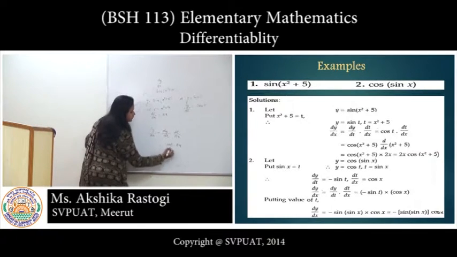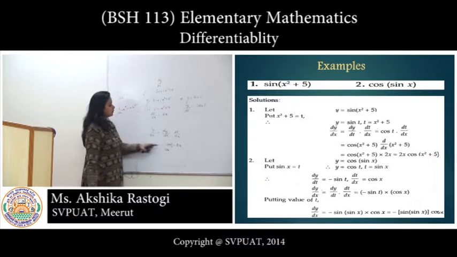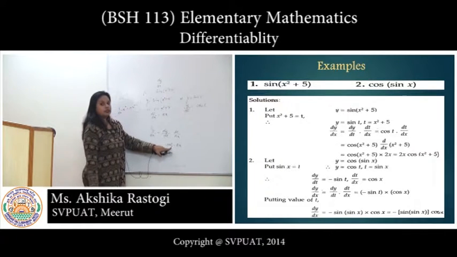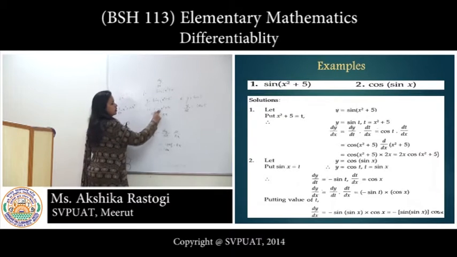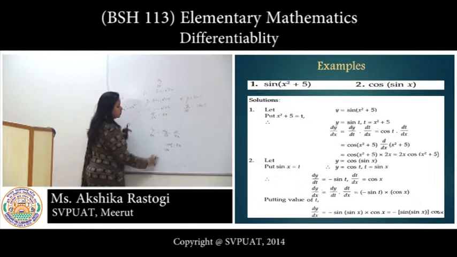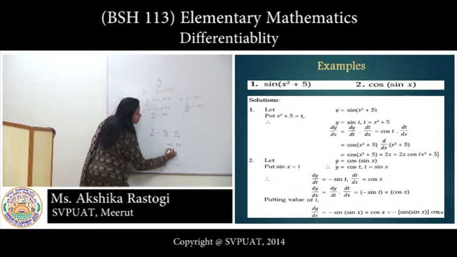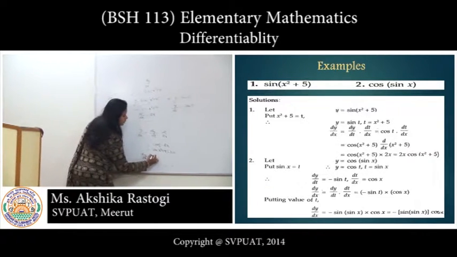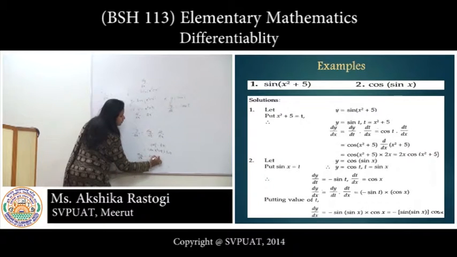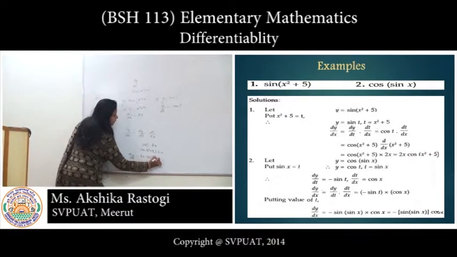So we put the value of t that we considered at the start, t equals x square plus 5. So our answer is dy over dx equals 2x into cos(x square plus 5).